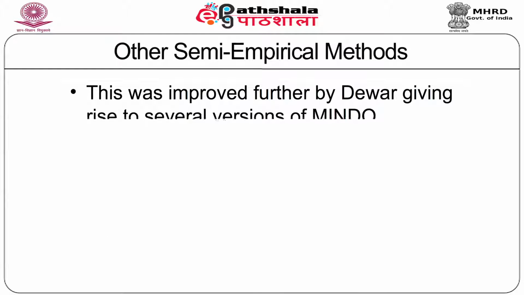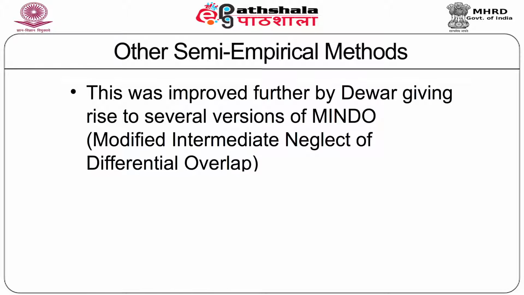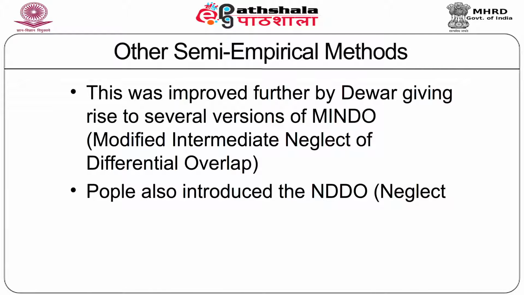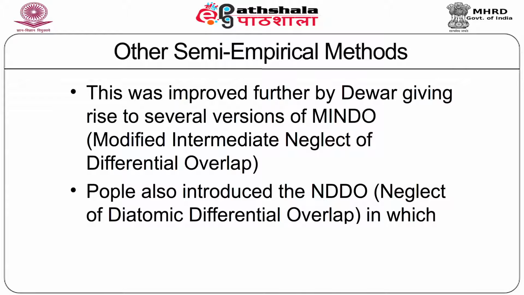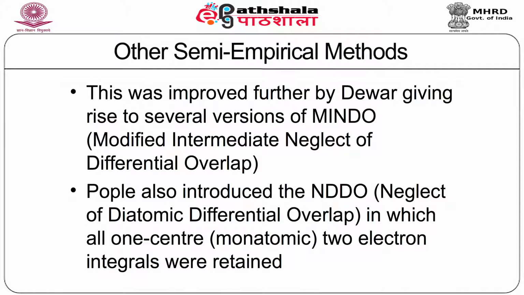This method was improved further by Dewar, giving rise to several versions of what we call MINDO, the modified intermediate neglect of differential overlap. Pople also introduced another method called the NDDO, or the neglect of diatomic differential overlap, in which all one center, that is monatomic, two-electron integrals were retained.